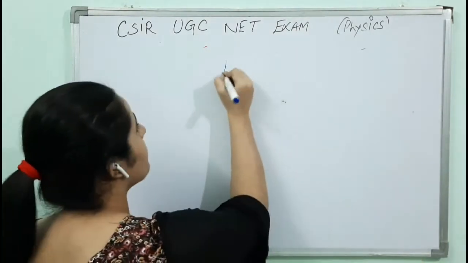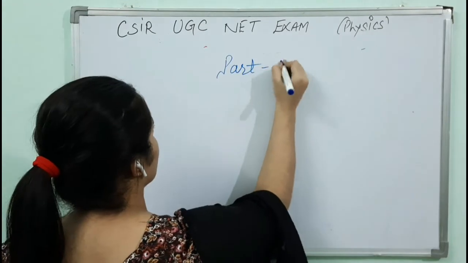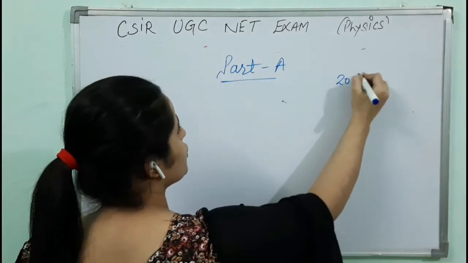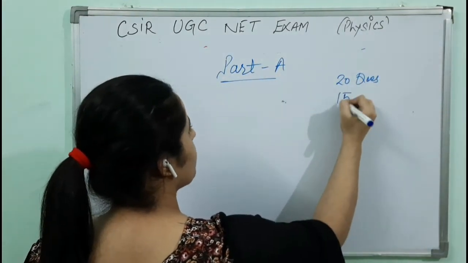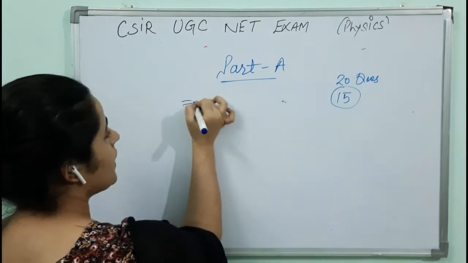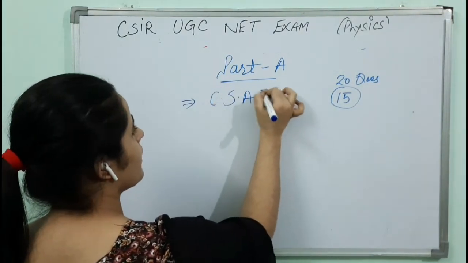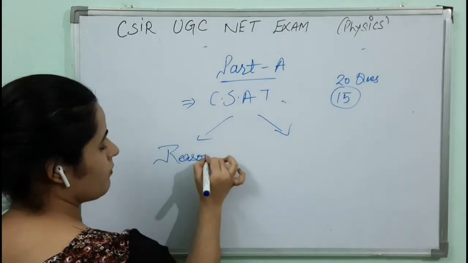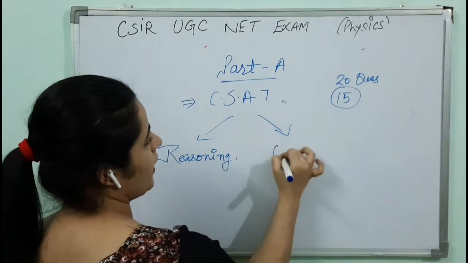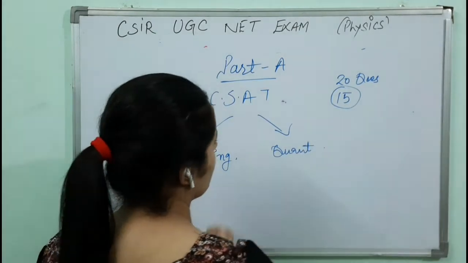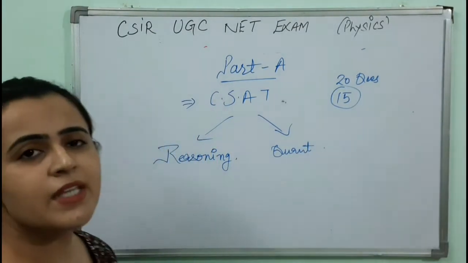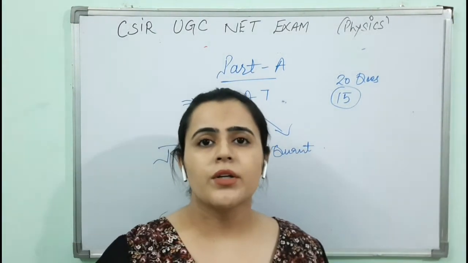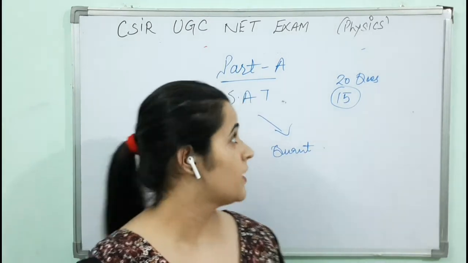So, part A, 20 questions. How many to attempt? 15. It consists of reasoning and quant. So, you must have a command on CSET.